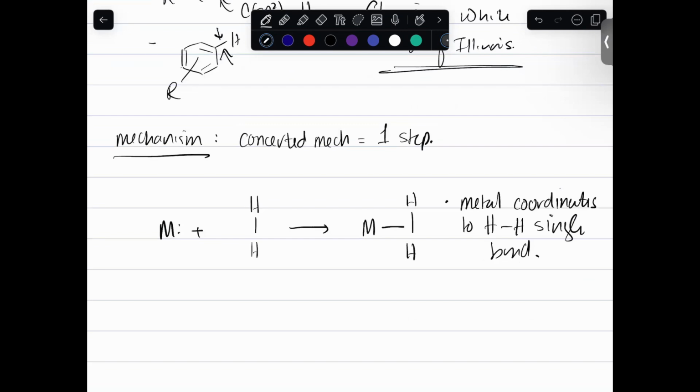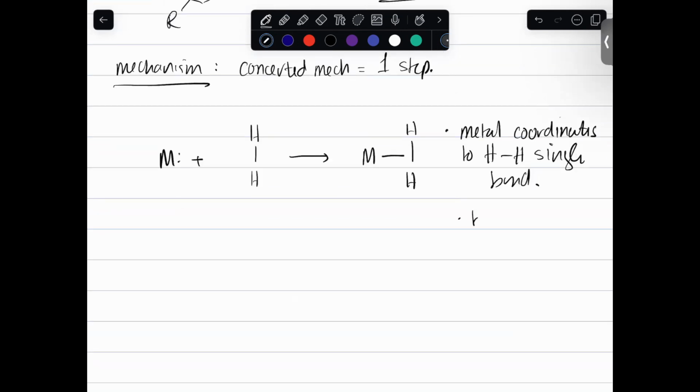And as a result, bonds are being made and broken at the same time.